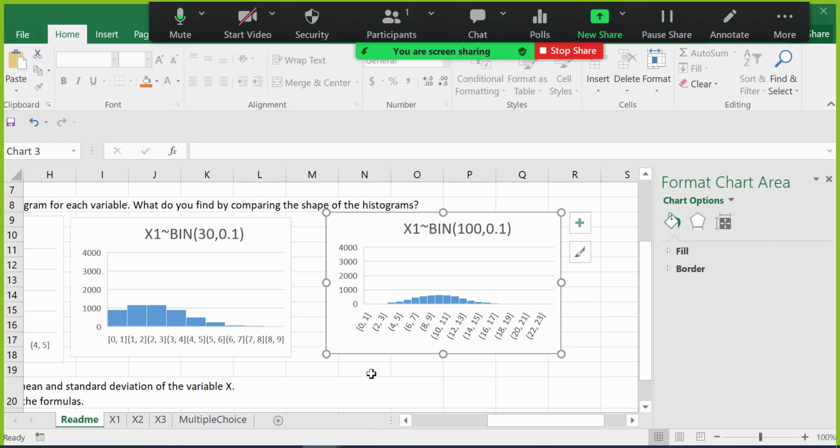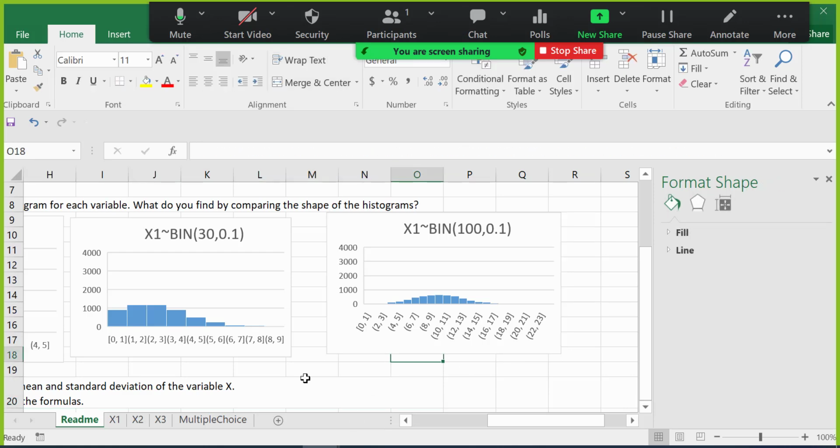And as n gets larger, you see the shape gradually goes from skewed to the right, and then becomes symmetric. And also the center is here at 100, that's 10 times 10, centered around the expected value. So this is a very critical finding.